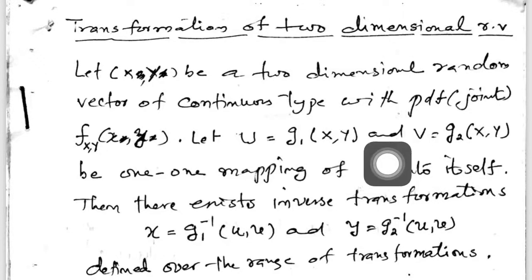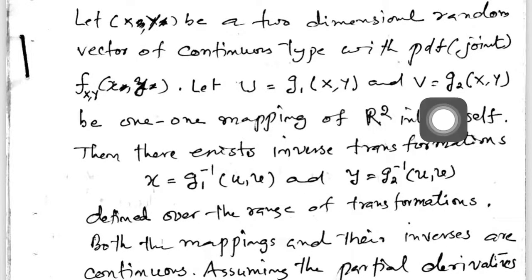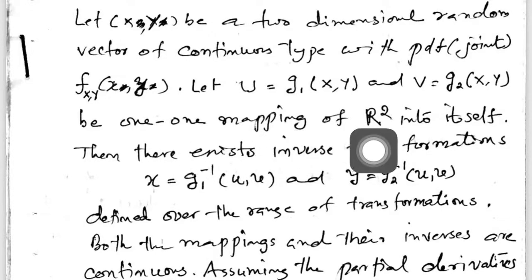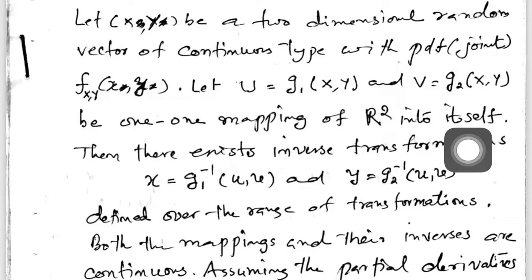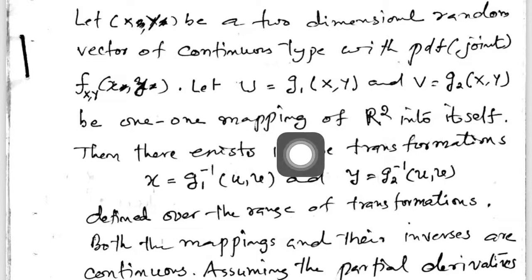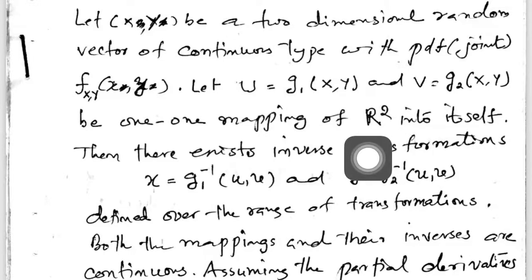For that purpose, we assume that these functions, g1 and g2, are 1-1 mappings of R square into itself. So the range of x and y may be minus infinity to infinity for x as well as for y, and naturally the range of u and v also will be minus infinity to infinity.